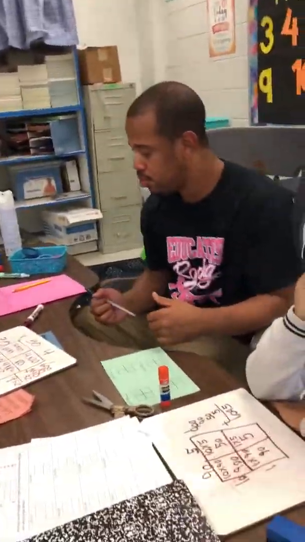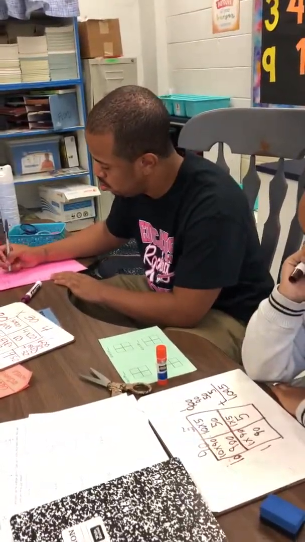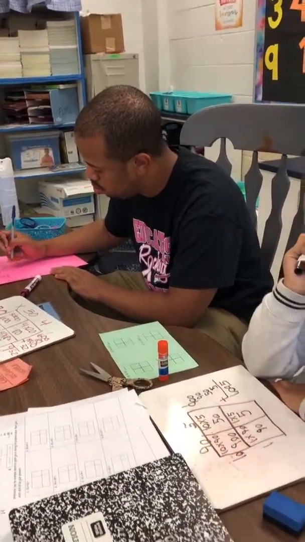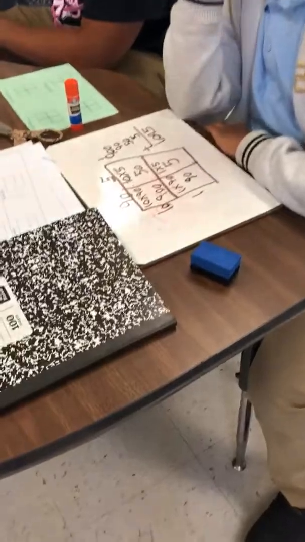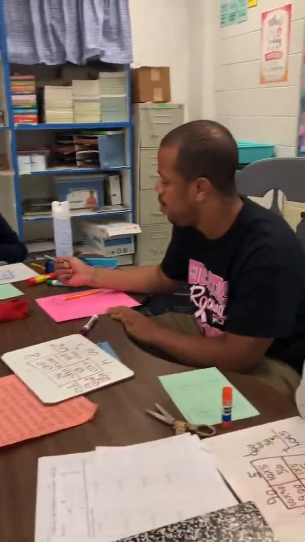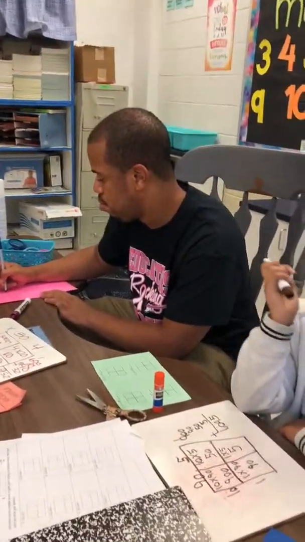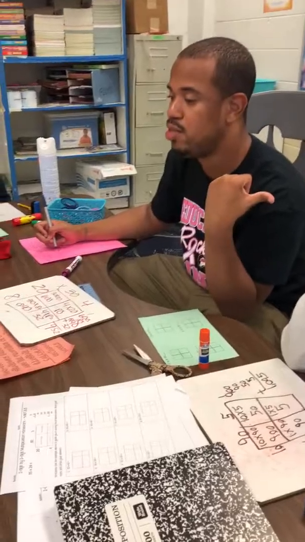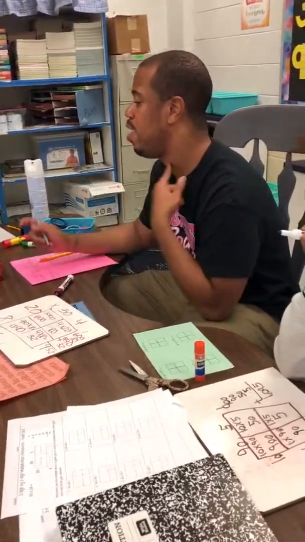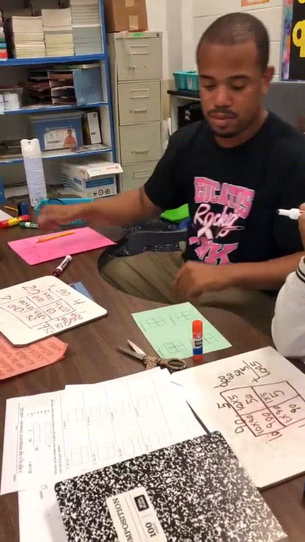Good job. All right, you got what? I got 1,045. And you got 1,045. You got 1,045, and you got 1,045. All right.